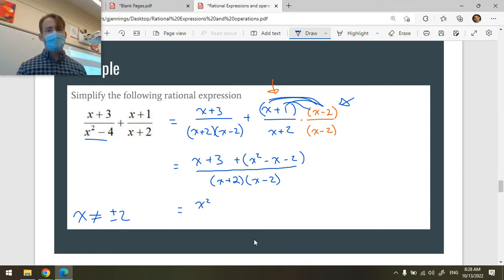And then I see I have x minus x. So I have 0x. And then I have 3 minus 2. So I have x squared plus 1 over x squared minus 4. It said before, don't simplify your denominators, but here it saves me some pen strokes, so I did that.